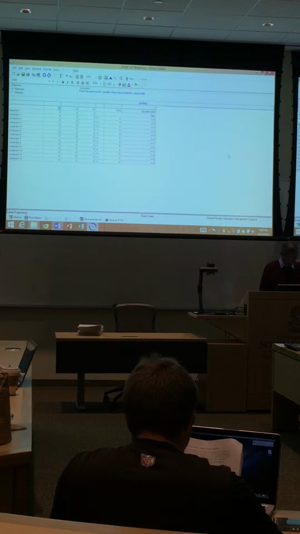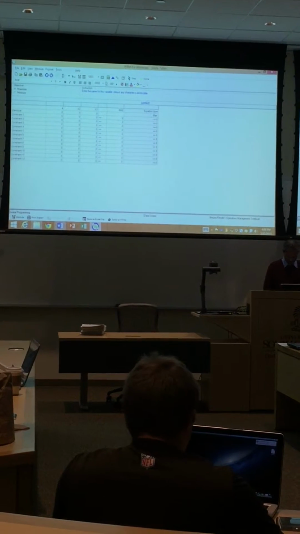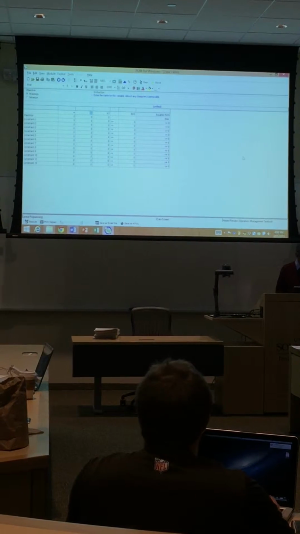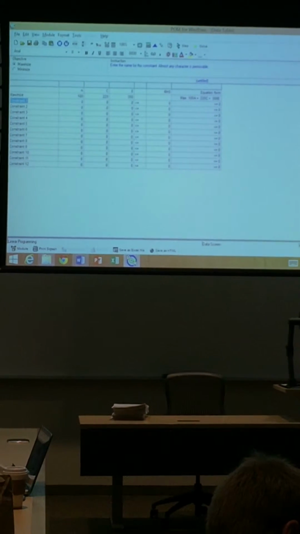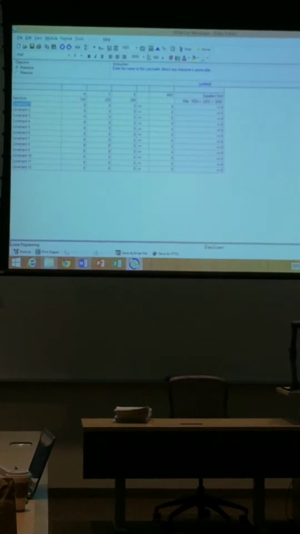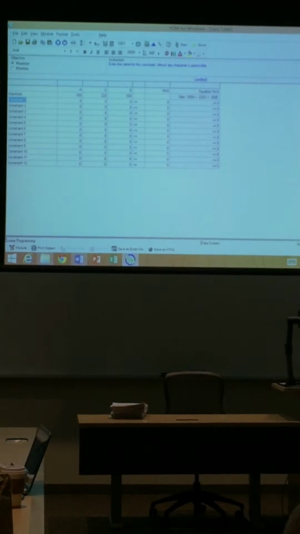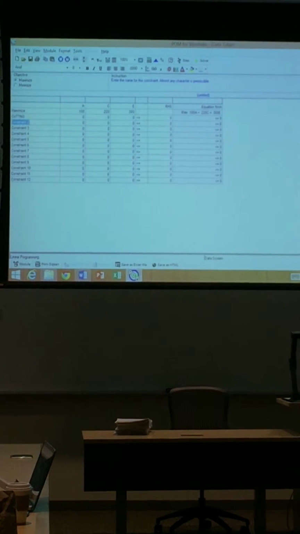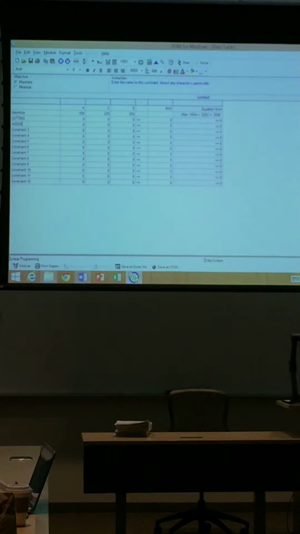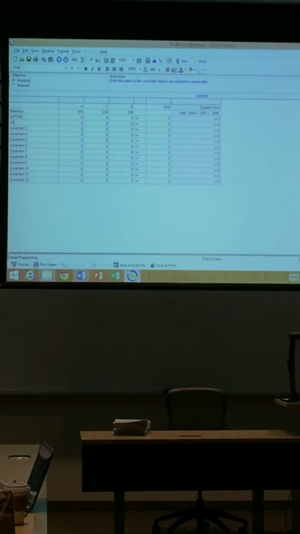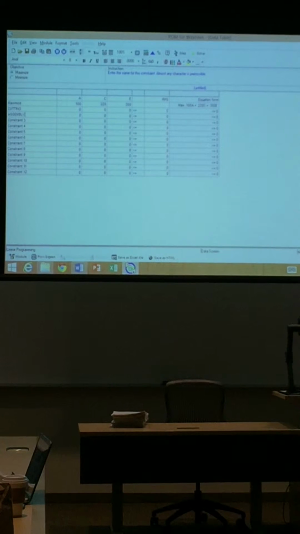Okay, so let's change the labels here. Call this A, C, E. Maximize 100 times A plus 220 times C plus 300 times E. Let's talk about the resource constraints. Cutting department, I'm going to label this as cutting. Then the next one is assembly. The third one is finishing.